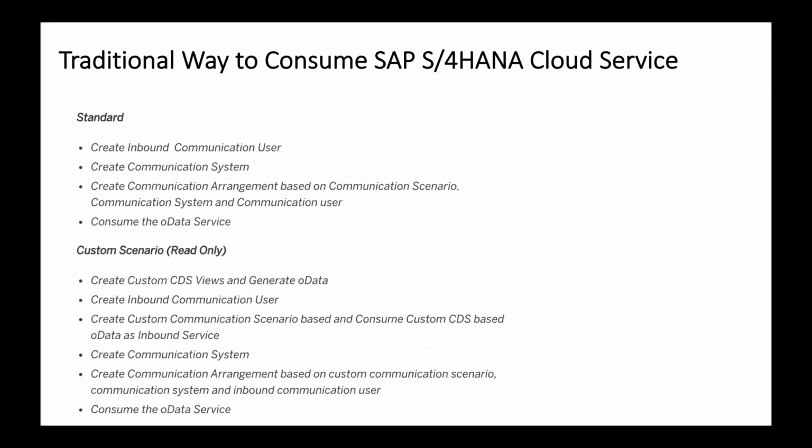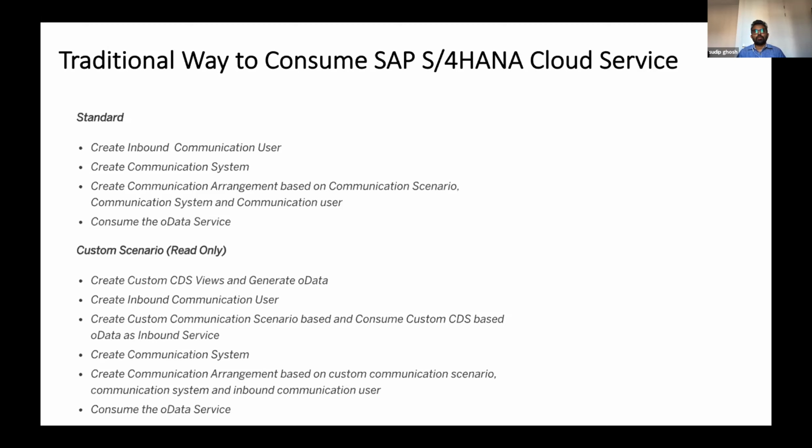So before Extension Factory, what were the techniques, or the ways, we used to build extensions? Before Extension Factory, if you wanted to consume an auditor service or an S4HANA Cloud data model, there were two ways.